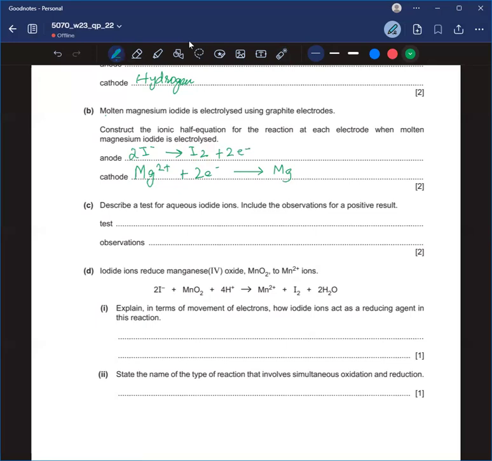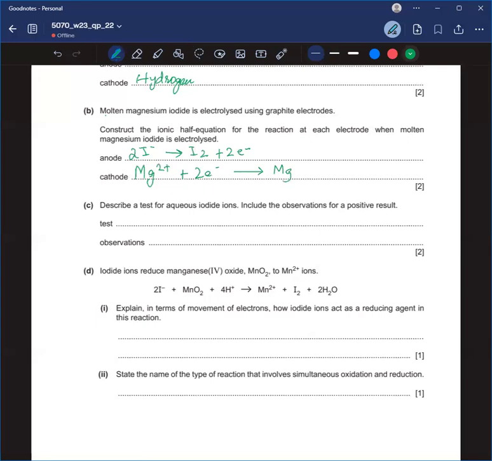Okay, so let's move to the next part, which asks us to describe a test for aqueous iodide ions, and include the observation for a positive result.